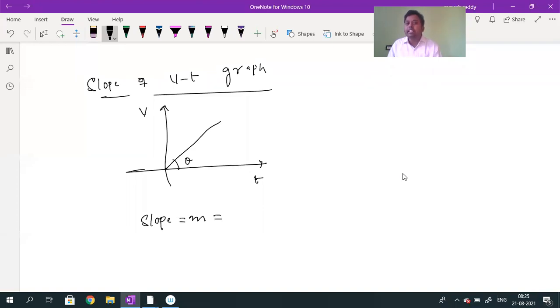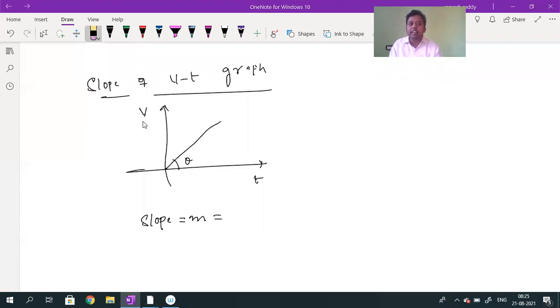Slope means change in y coordinate divided by change in x coordinate. Here the y coordinate is velocity, the x coordinate is time. Change in y coordinate means final velocity minus initial velocity, v minus u. Divided by time, t2 minus t1.